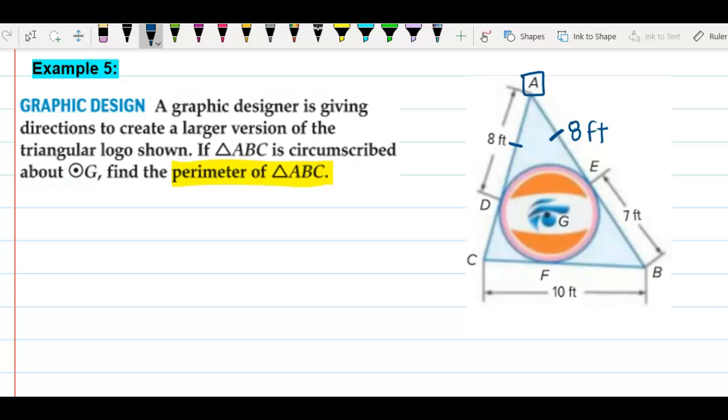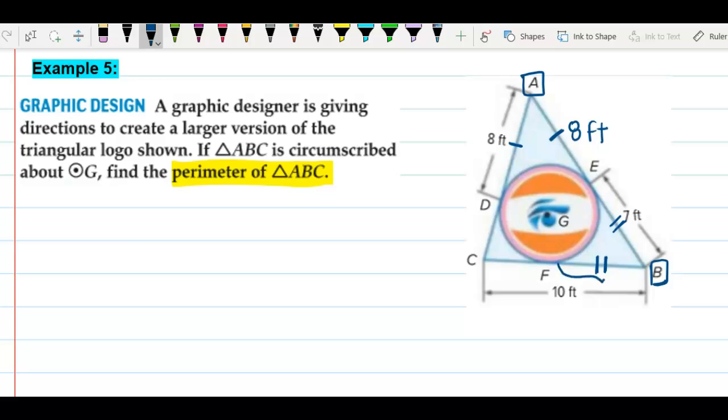Okay, now we look down here and let's start with B. I'll just go in a circle. So for B, we have this piece from B to E is 7. Well, BE starts at B, tangent to the circle. Well, BF also starts at B, is tangent to the same circle. So these 2 pieces are the same.